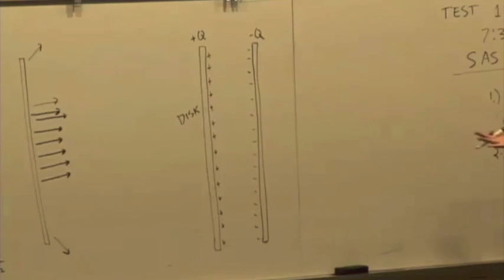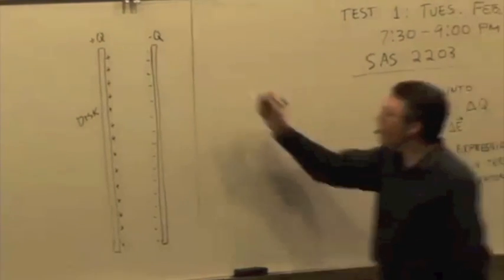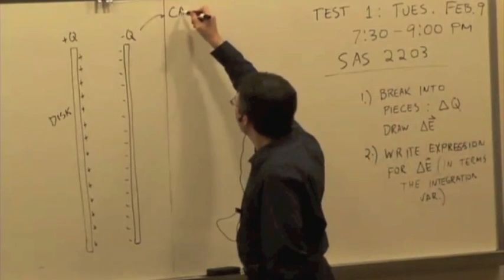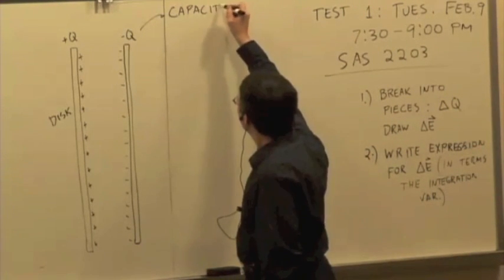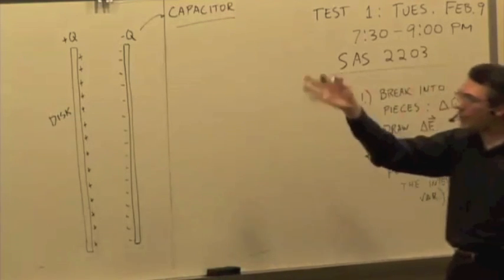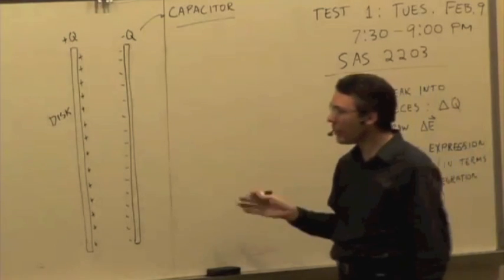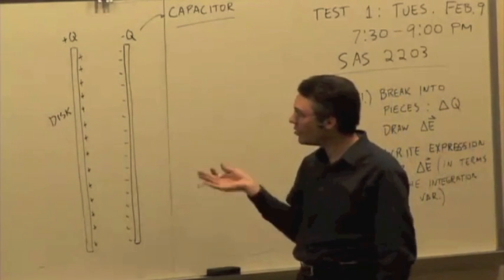There's a name for this device. Anybody know it? This is a capacitor. The simplest capacitor is just two metal plates side by side, and then you connect them, as we'll see later in the semester, the mechanism behind charging a capacitor.